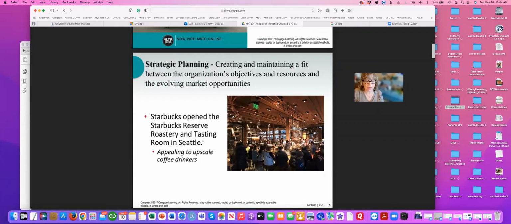So for instance, here's an example, Starbucks. Starbucks obviously has coffee stores. But what they found was there was a niche happening with microbreweries that they might be able to take enormous advantage of. How would they take advantage of it?